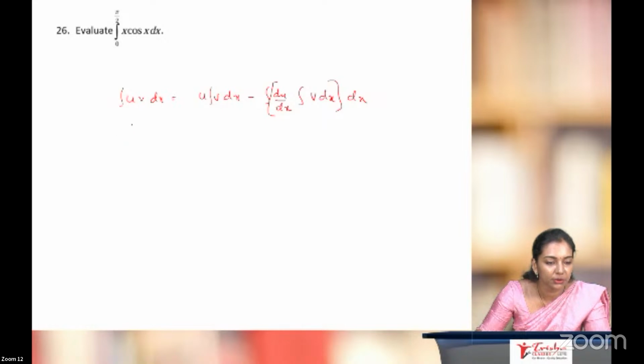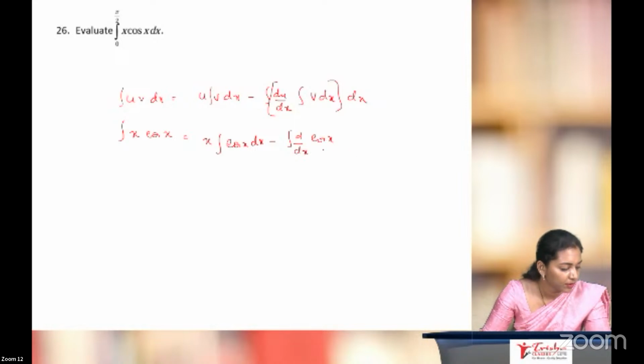So let's integrate this one. Integral x cos x. So this is u, right? x it is, and v is cos x.